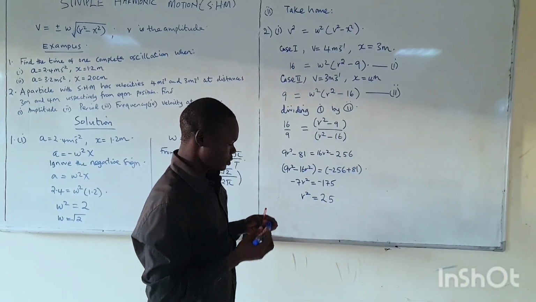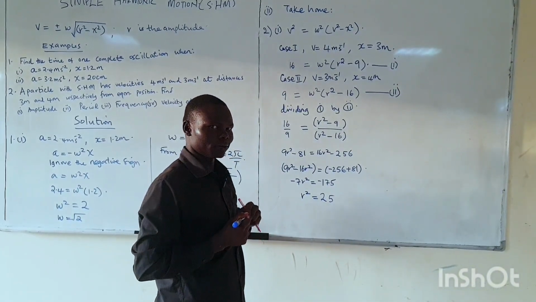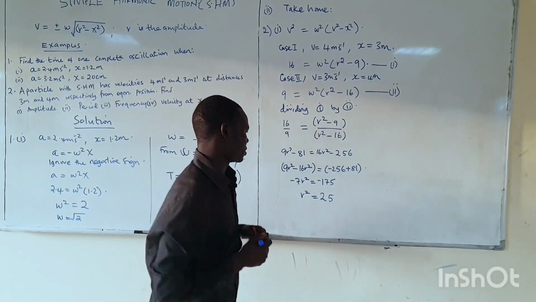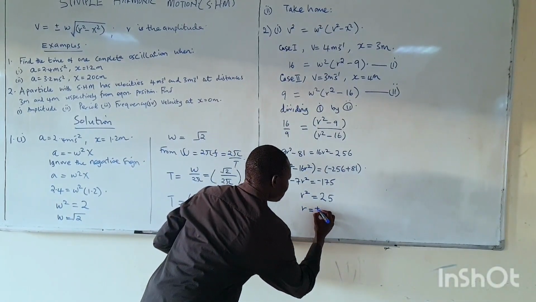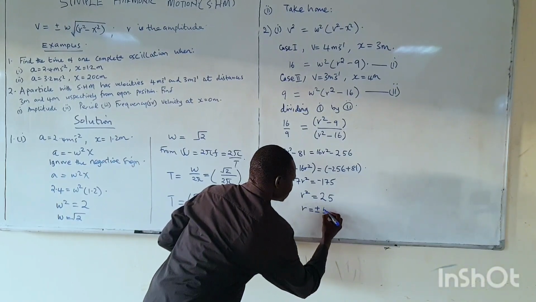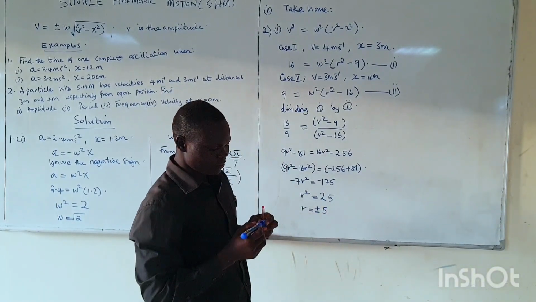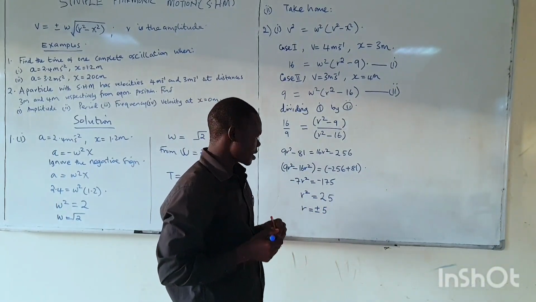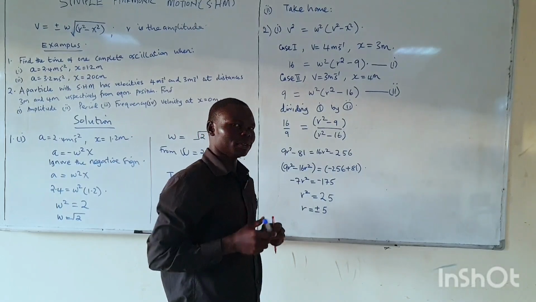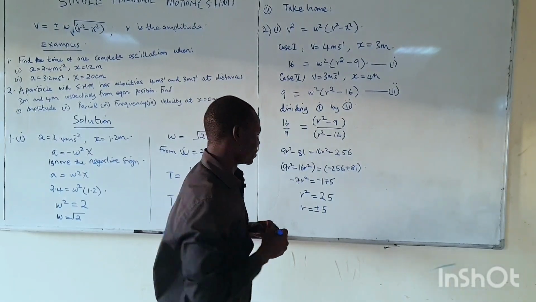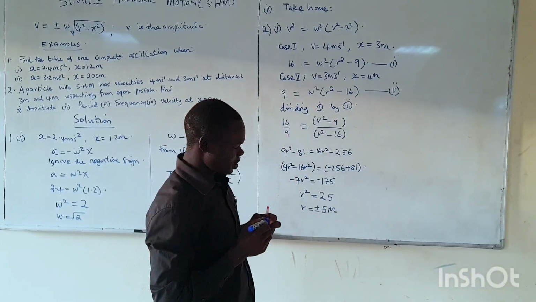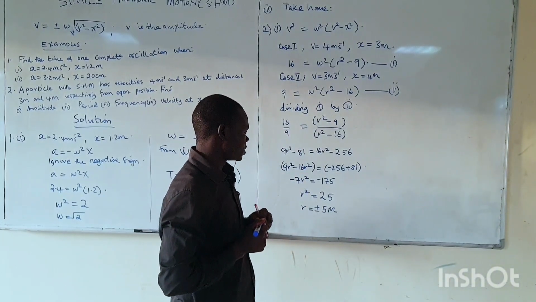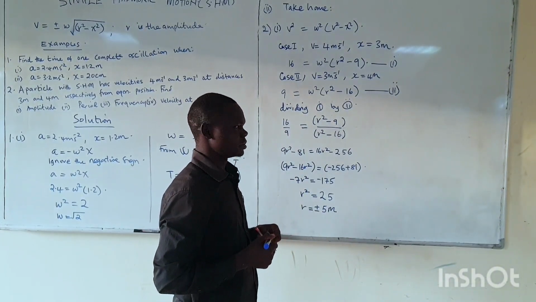So r squared is equal to 25, and when we introduce square root both sides, here we shall have r is equal to plus or minus 5. Remember, this 5 is in meters and is what we call the amplitude of the simple harmonic motion. So we put the standard unit of length, which is meters, to be our amplitude.